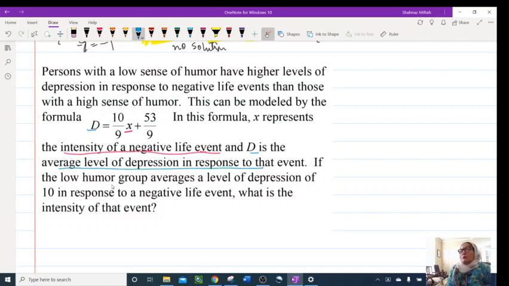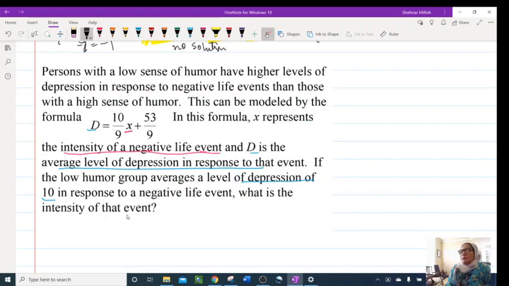If the low humor group averages a level of depression of 10, so this 10 is also a level of depression to a negative life event, what is the intensity of that event? If you pay close attention, this is given and they are asking what is the intensity of that event.